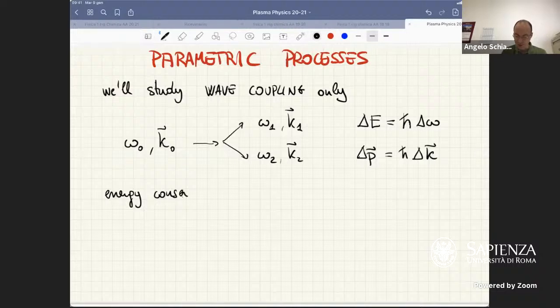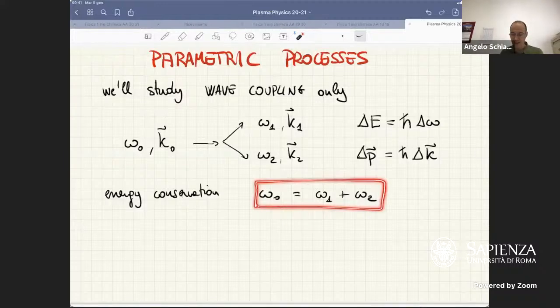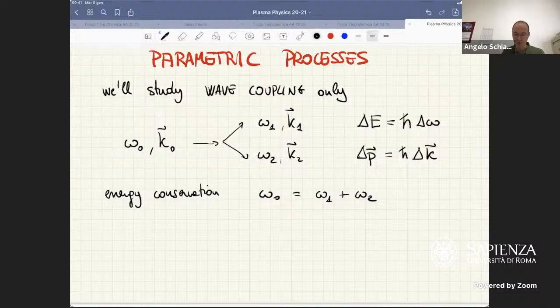The incoming energy, represented by h bar omega, has to be equal to the final state energy, so h bar omega 1 plus h bar omega 2. I'm not writing h bar, because then we can simplify, obviously. And what remains is just the relation of the angular frequency. This is expressing the energy conservation of the waves, and then we require momentum conservation as well.